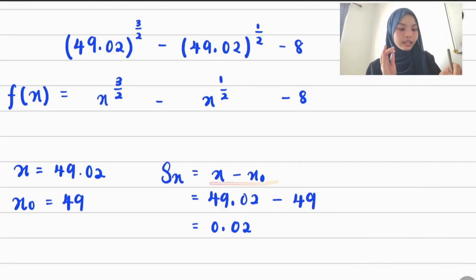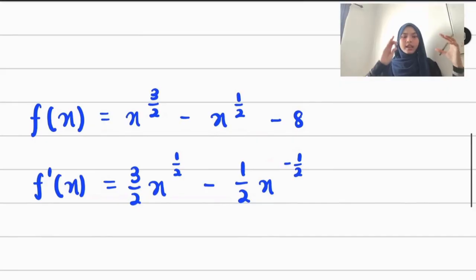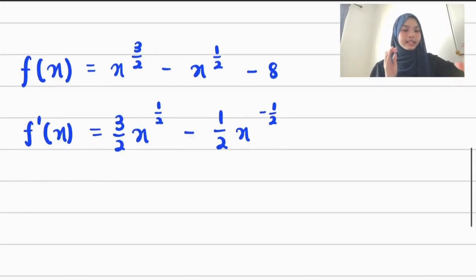And then we need to differentiate f(x), where the root exponent is brought to the front like this, and then the exponent also needs to be reduced by 1. And lastly, we can use this equation to estimate the value given.